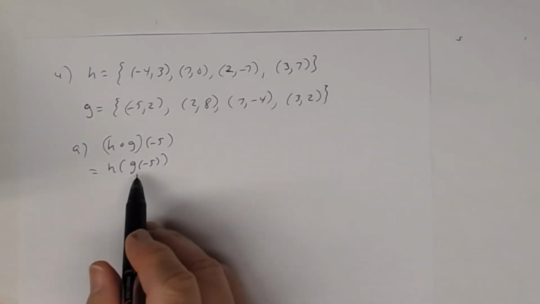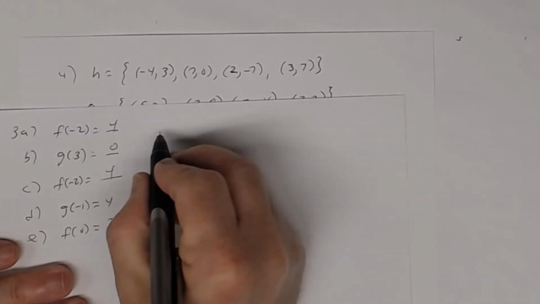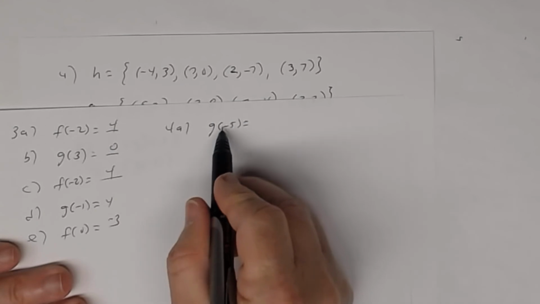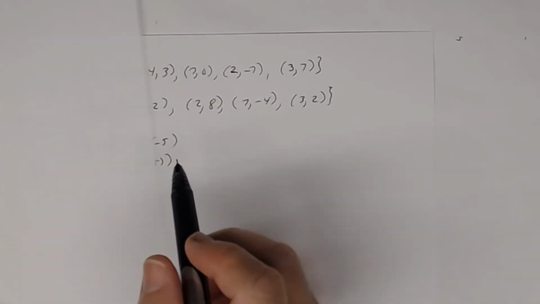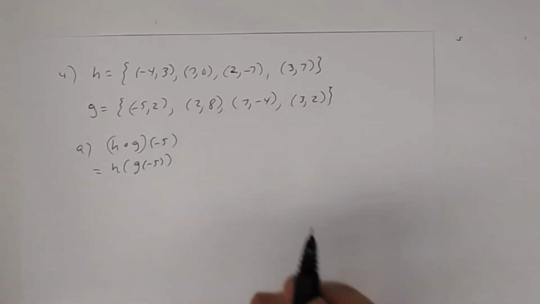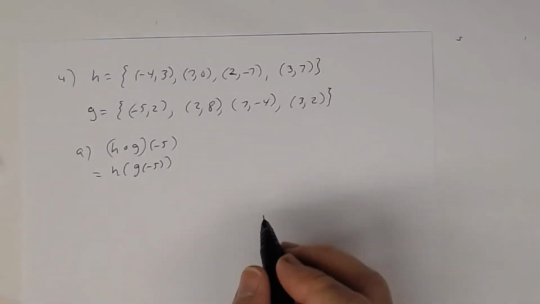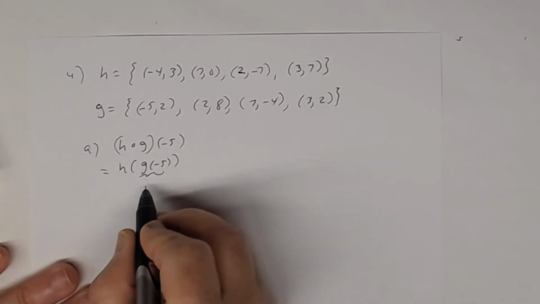And so now for 4a, I need to figure out what g of negative 5 is, right? So g of negative 5 means when x is negative 5, what is my y value for my function g? So here's where x is negative 5, my y value is 2. So g of negative 5 is 2, which means that this function value right here that I was trying to find is 2.